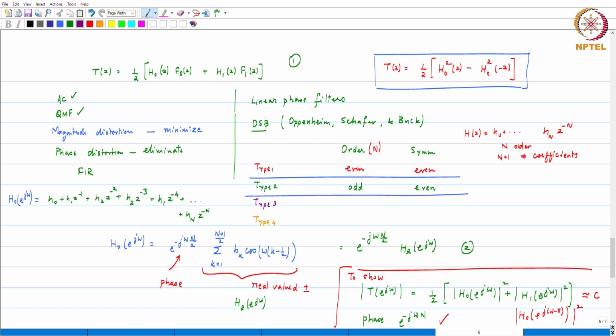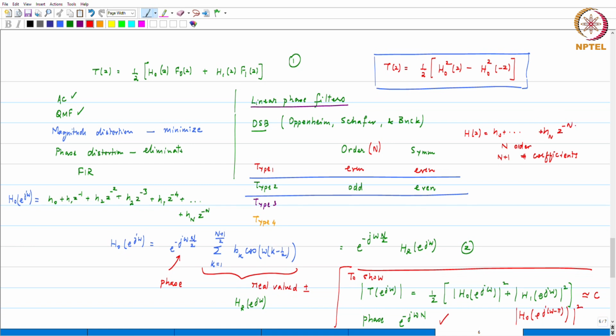In the reference book that has been suggested for the course, Oppenheim, Schafer and Buck, there is a section on the design of linear phase filters, where there are 4 types of filters, as we mentioned in the last lecture. If the filter order is n, we can write H of Z as H naught plus H1 Z inverse plus H2 Z minus 2, all the way to Hn Z minus n.